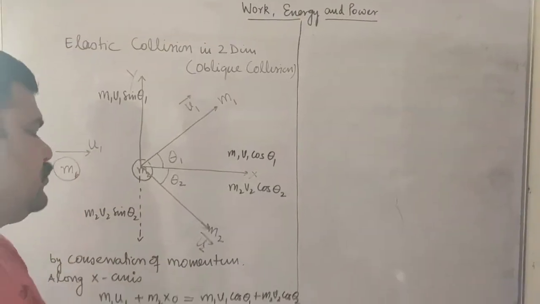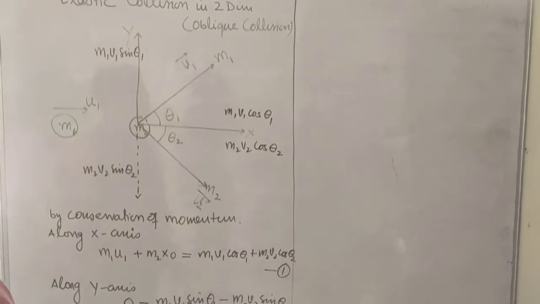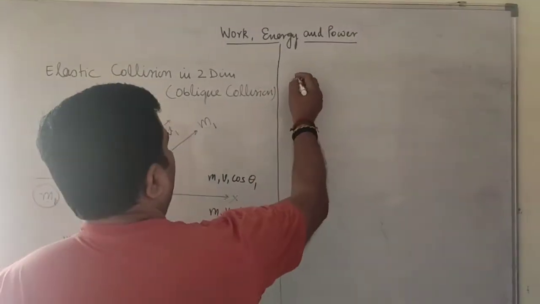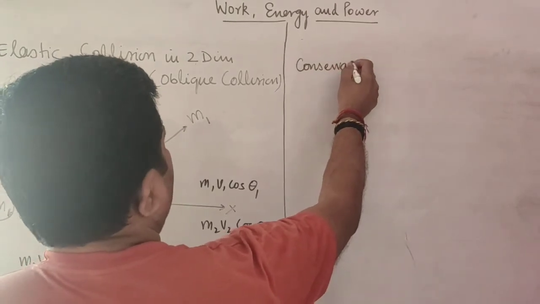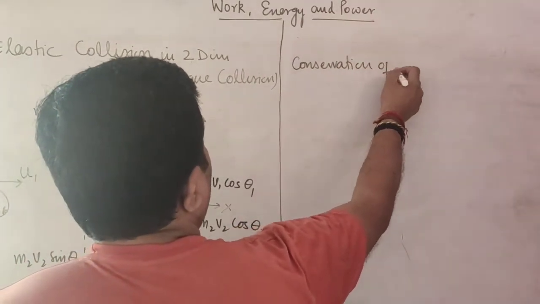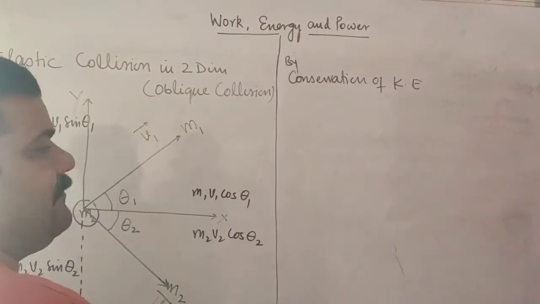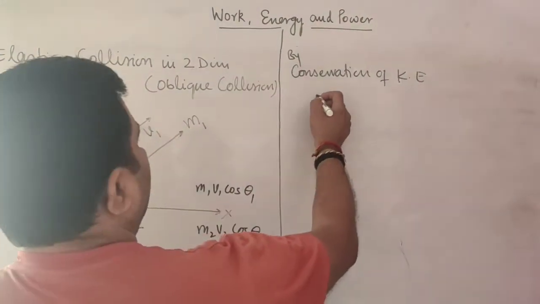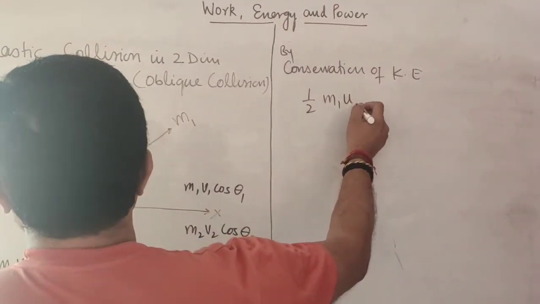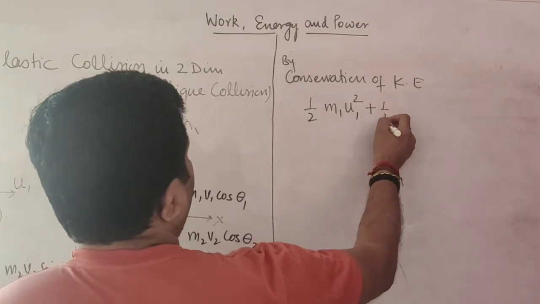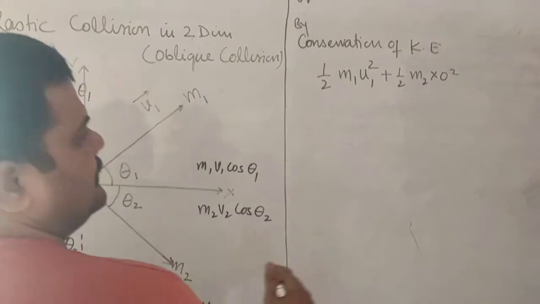So by using these two equations and one more equation, what is the next property which this collision will follow? This collision will follow conservation of kinetic energy. So by conservation of kinetic energy, I will not take components here. Before collision, the kinetic energy is half m1 u1 square plus half m2 into 0 square. Why 0? Because this object is at rest.